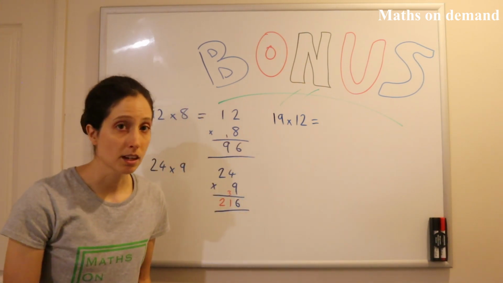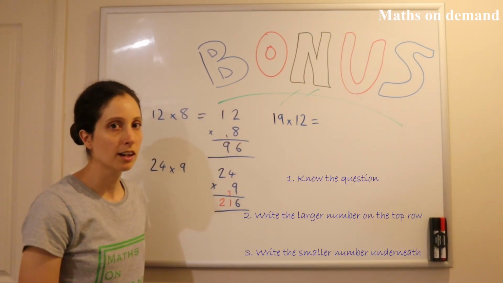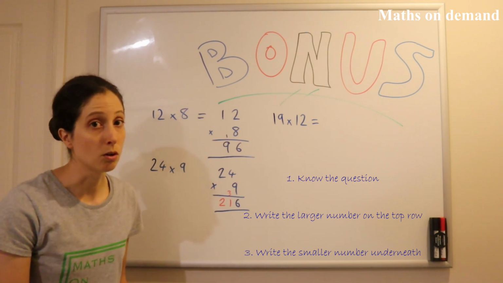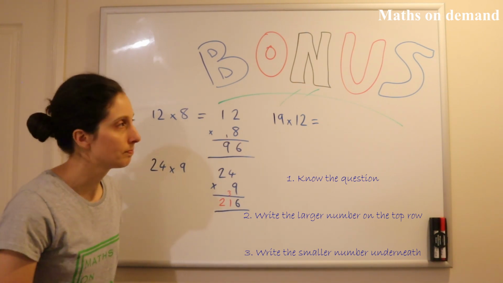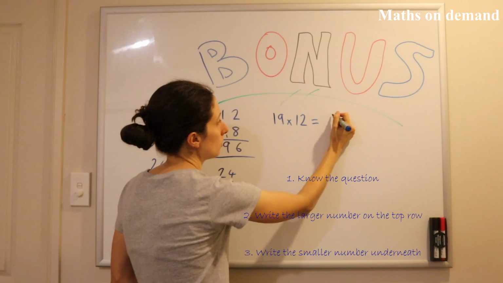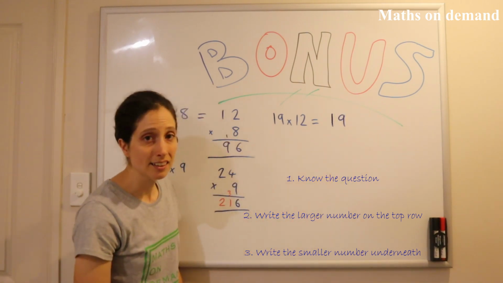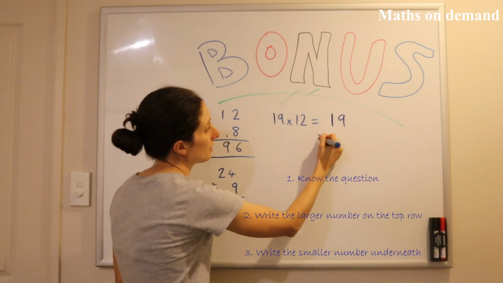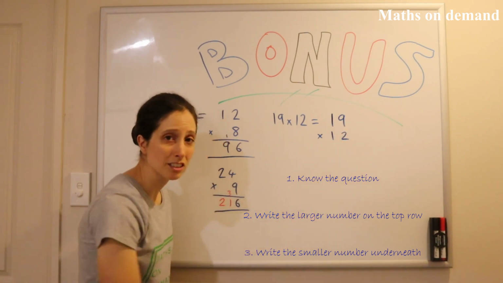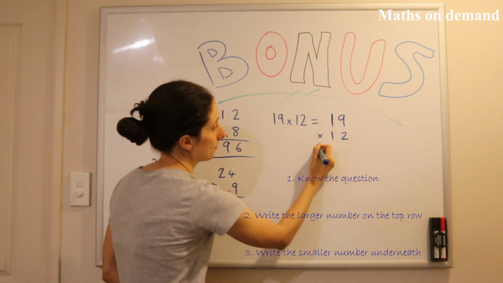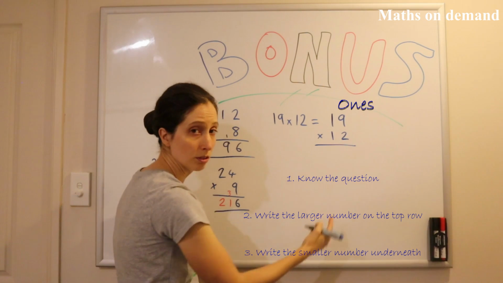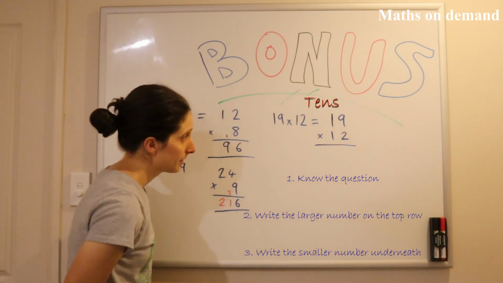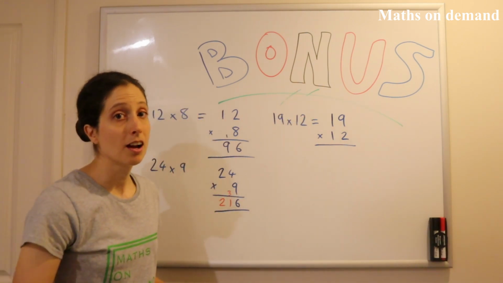We follow the same steps, but it will take a little bit longer, and there's one more thing you need to know as we go that will help you. So 19 times 12. The bigger number is 19, that goes on the top. The smaller number is 12. Now we've got 2 digits, we just make sure they're lined up. 9 and 2, 1 and 1. Alright, 9 times 2.